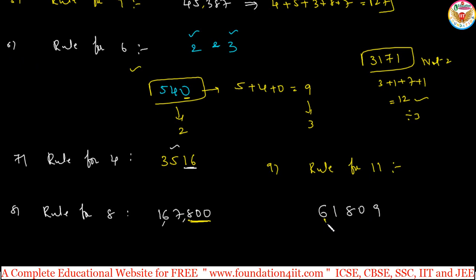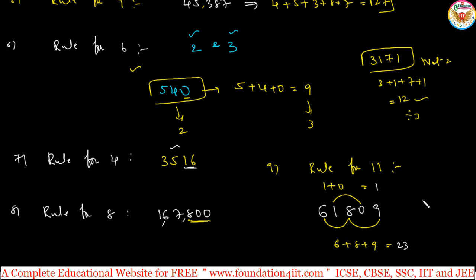So add the first, third and fifth digits, and add the second and fourth digits separately. 6 plus 8 plus 9 is 23, and 1 plus 0 is 1.